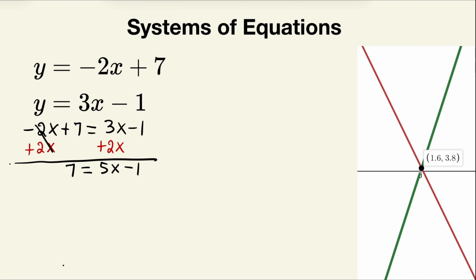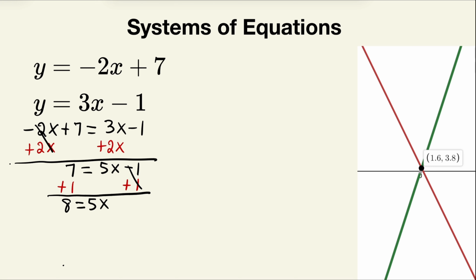So again, the ultimate goal is to isolate x. So we can get rid of the negative 1 by adding 1 to the right and to the left. 7 plus 1 is 8. Set that equal to 5x. Notice the negative 1 and positive 1 cancel out.